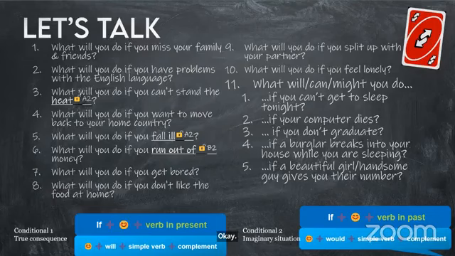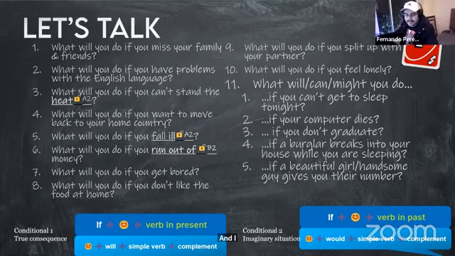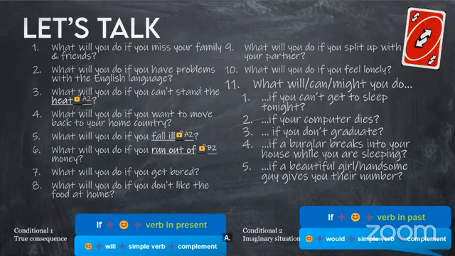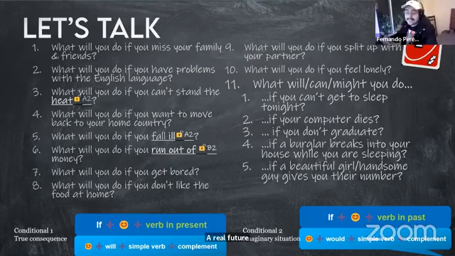Modal for real future? Good. Wrong. This is imaginary. For promises and future is will. Yes.